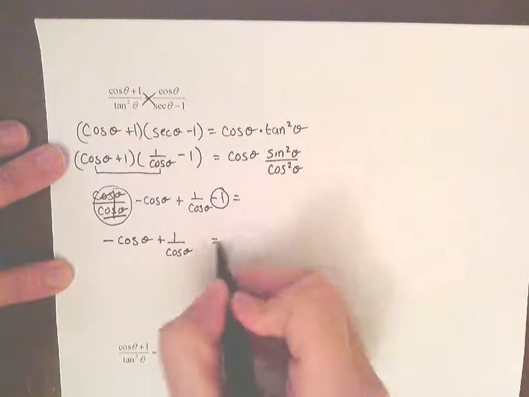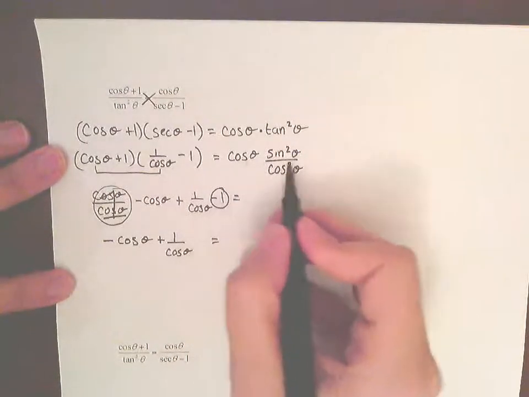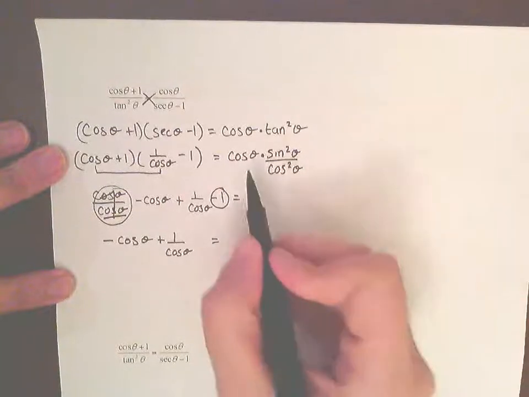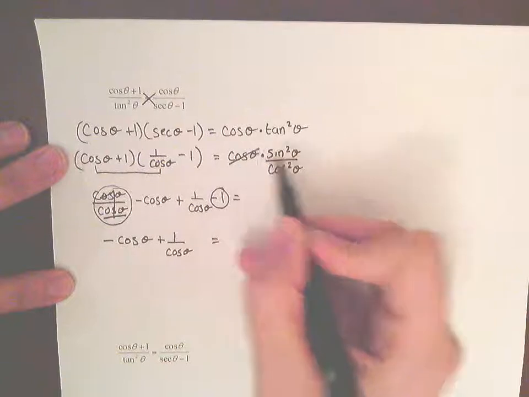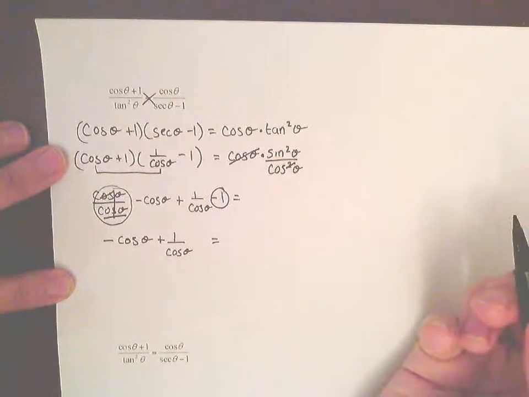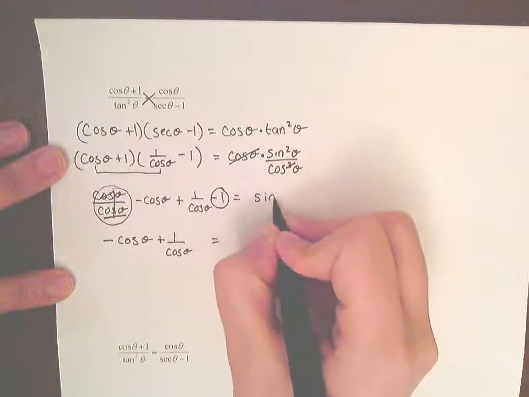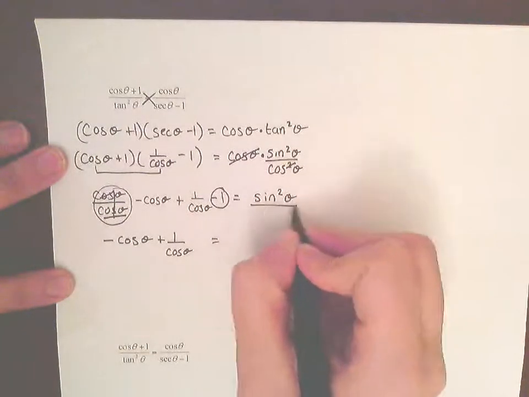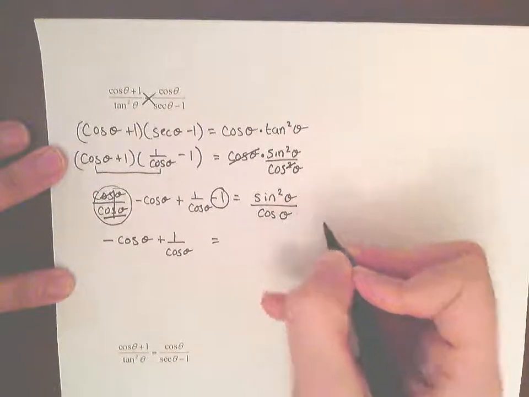Alright, I'm going to come back to this side and see what I can do to fix this. Now, because this is division and there's multiplication going on, I can cancel out this cosine with one of those cosines. So this just ends up being sine squared theta over cosine of theta.